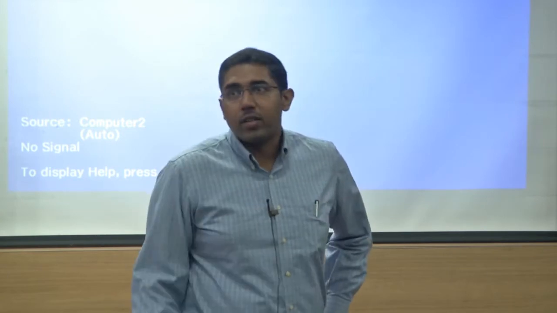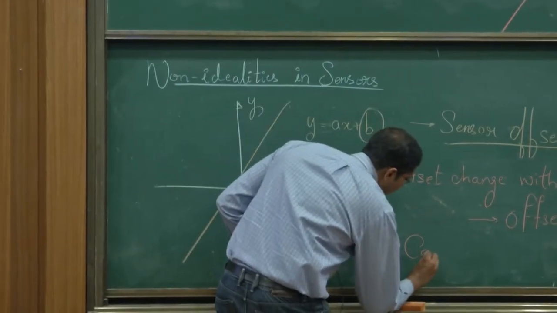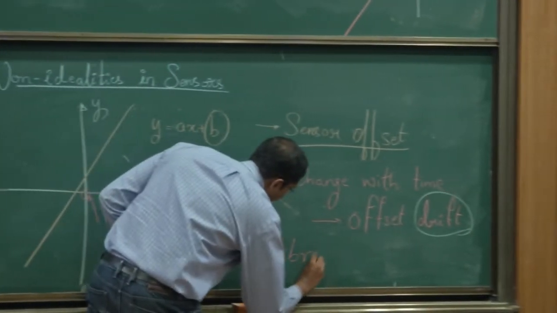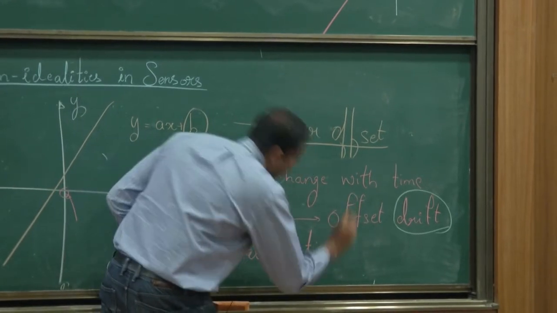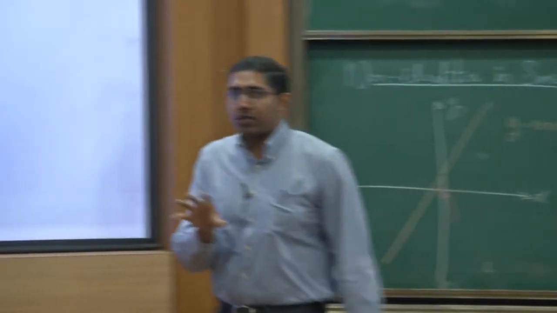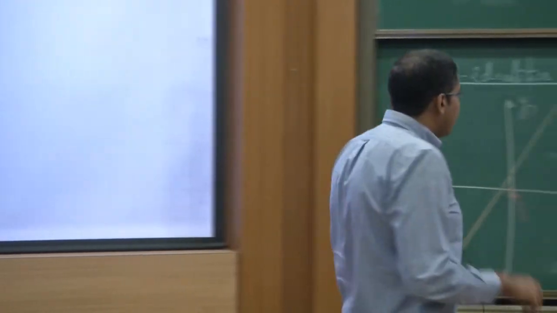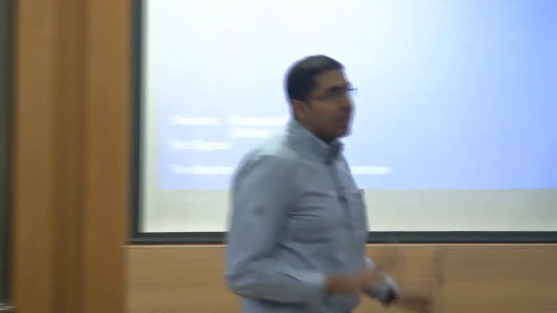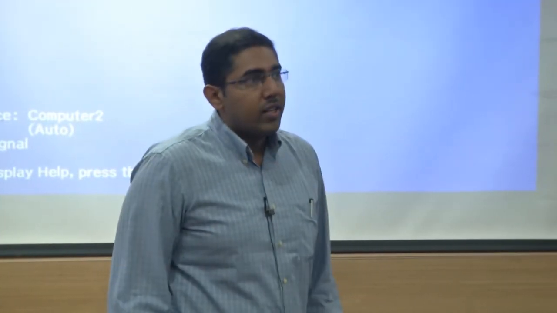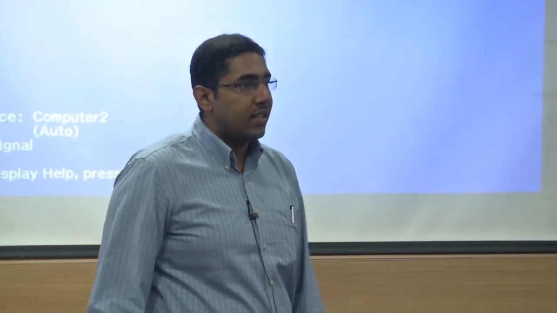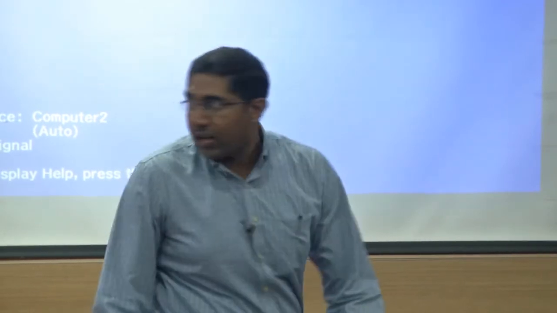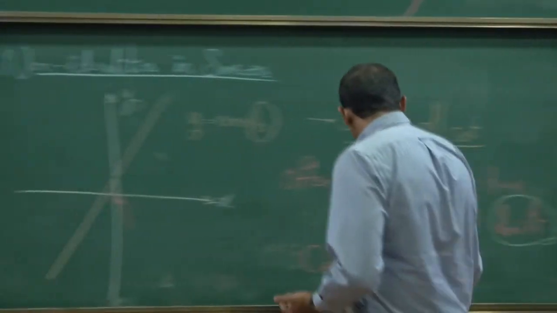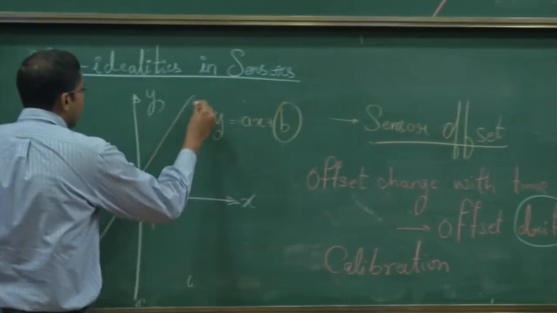If it was constant, what could you do? You can basically subtract it out, and that process is called calibration. If you knew what it was, and saved it somewhere in memory in your circuit, you could say this output is some bug in the sensor, simply subtract it and make this curve come back to here.